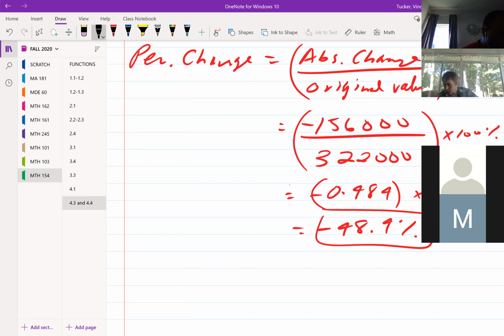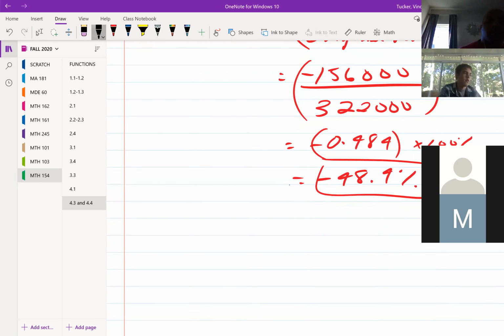So 5 is just like this as well. I think 7 too. I might not have seen 8, so I'll take a look at it. And like I said, this is number 6.